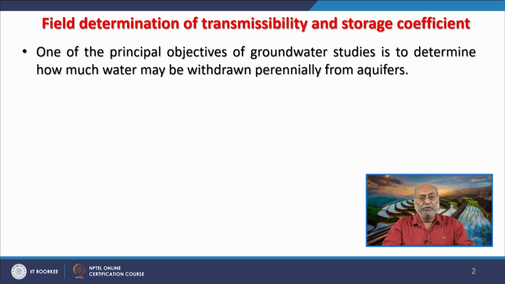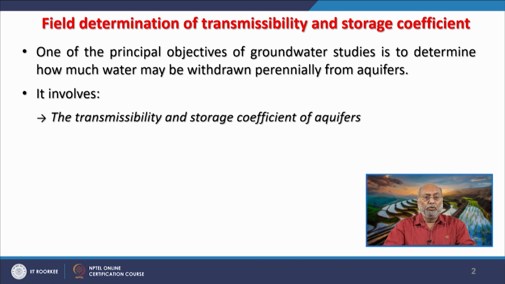We should be able to withdraw water all the time. Whether it would be possible or not, that is a different story. But the target or objective of groundwater studies is to determine how much water can be withdrawn from any aquifer on a regular basis. So, to achieve this kind of objective, we need to know the transmissibility and storage coefficient of aquifers.